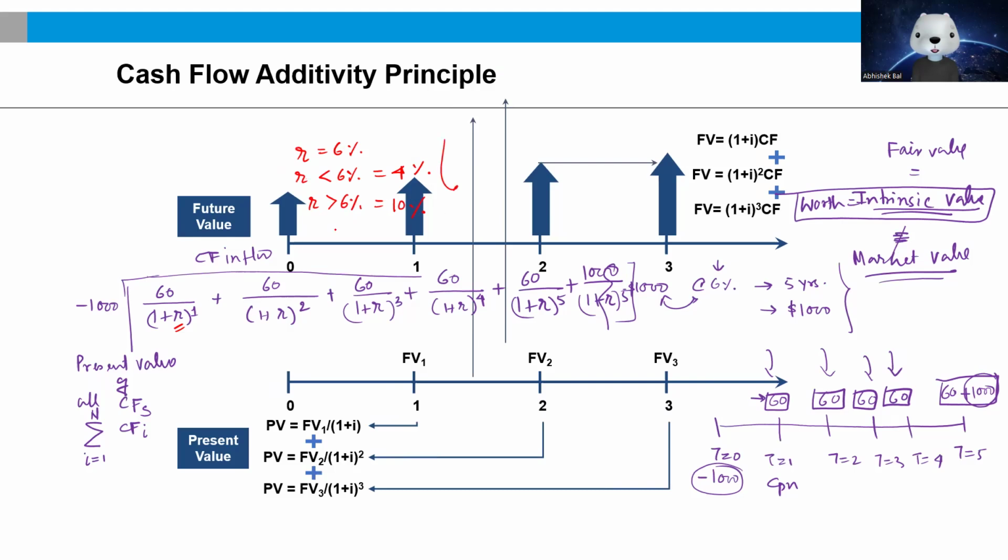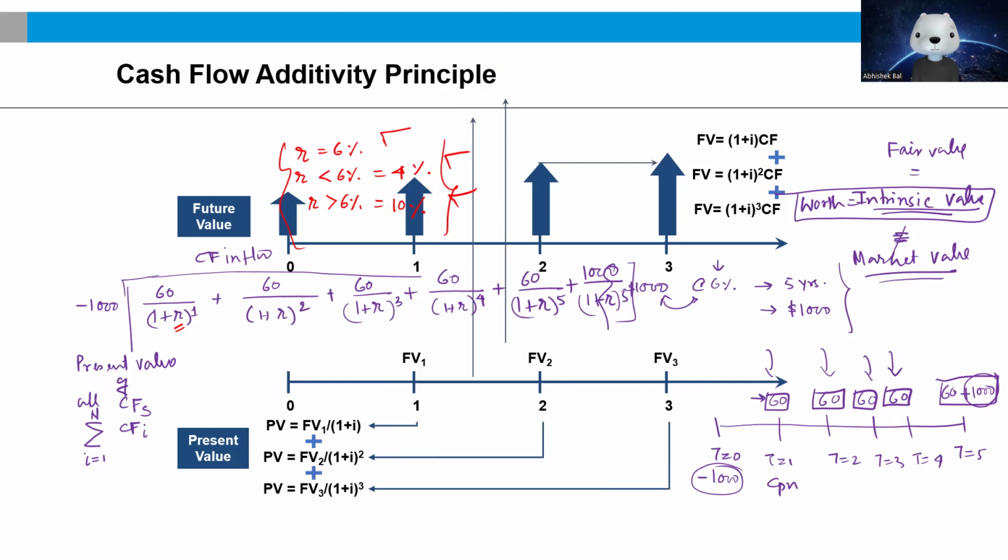Now, what we would be doing is we can make use of our TI-BA2 plus calculator and see the worth of this security under each of these scenarios. Why is it so?